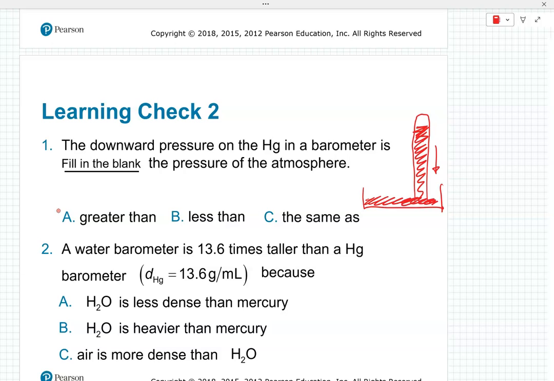The pressure that mercury exerts and the pressure that atmosphere exerts, how do they relate? There's a pressure exerted by atmosphere, right?